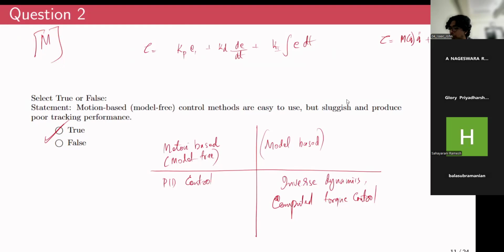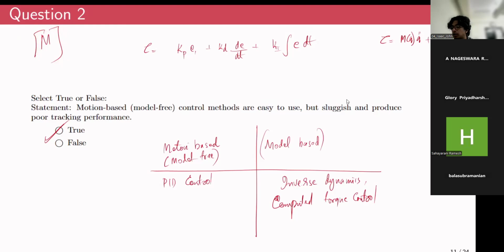So if you can incorporate this mass matrix into the control law, if the robot has to move in a direction with more inertia, the control input will be high. The control input will be scaled by this mass matrix, right? So the control input would be very fast, because of the information that this mass matrix has.